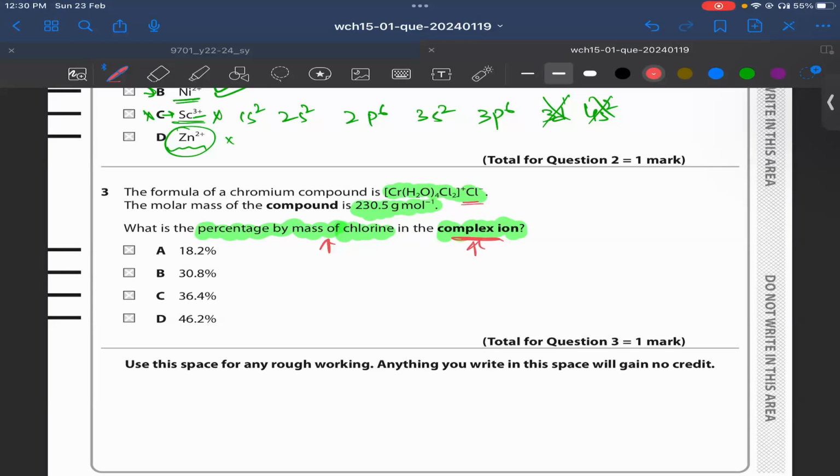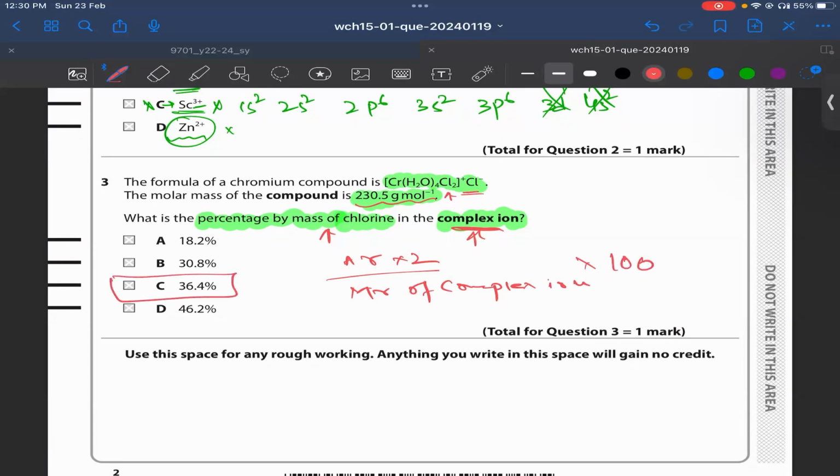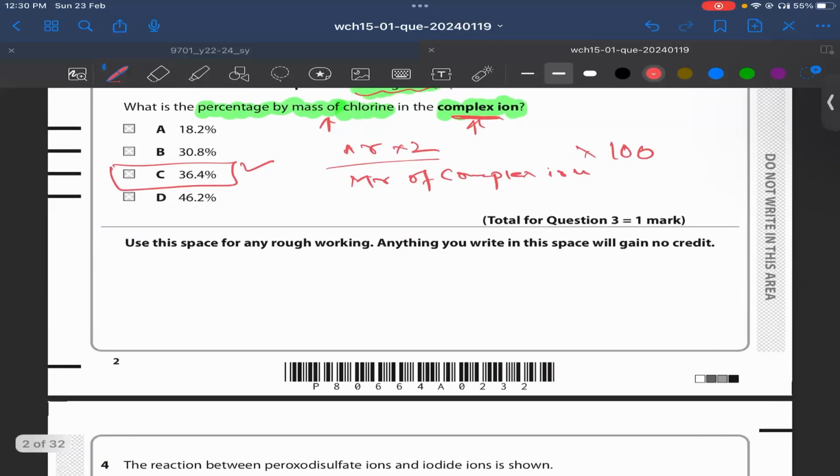So that means we'll subtract this Cl from the total mass, right? And then the percentage by mass, because in the complex there are two chlorine. So we'll multiply the Ar of chlorine by 2, divide by the Mr of the complex ion, and multiply by 100. So the answer would be 36.4, which is C, right?